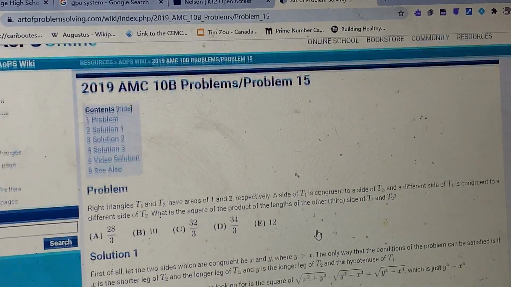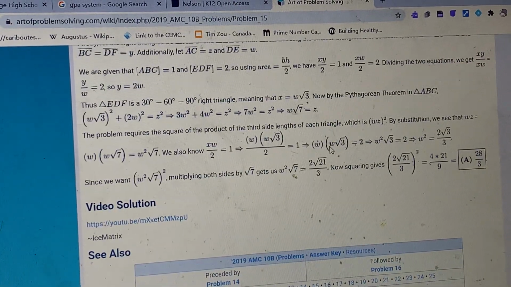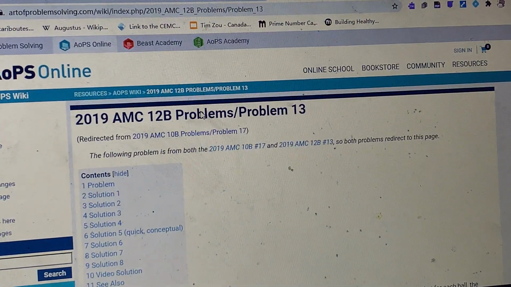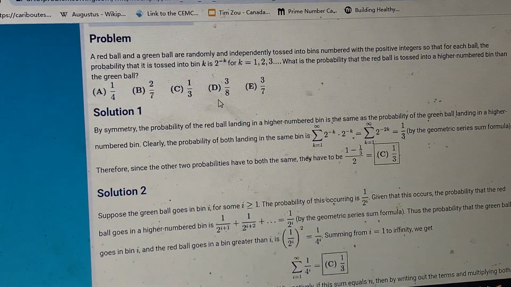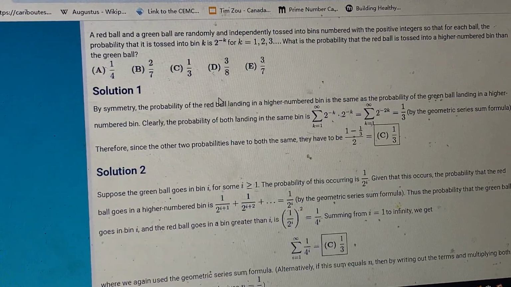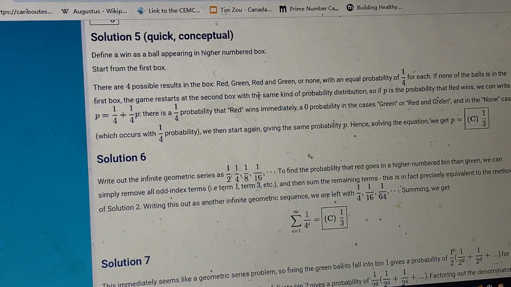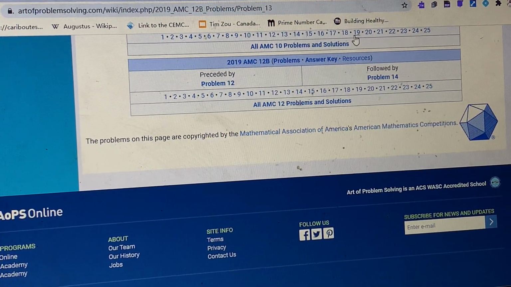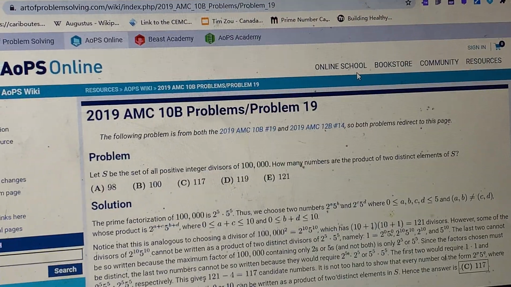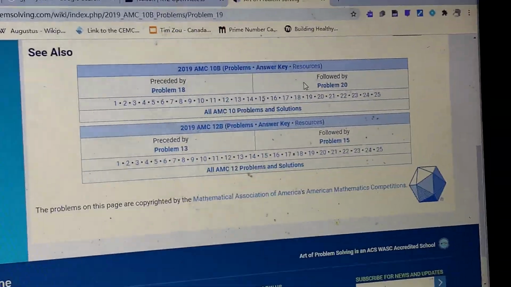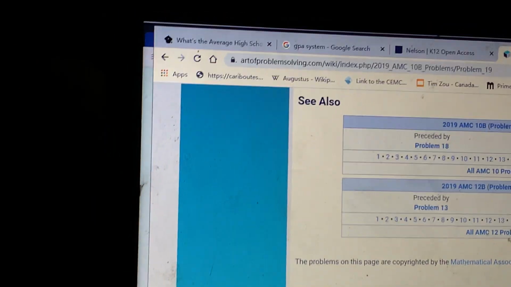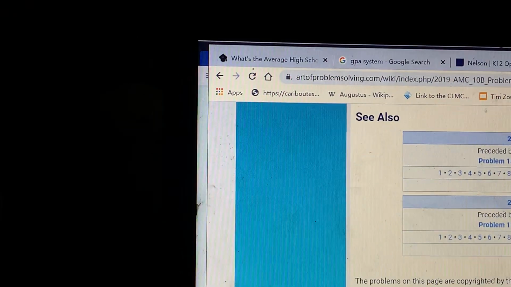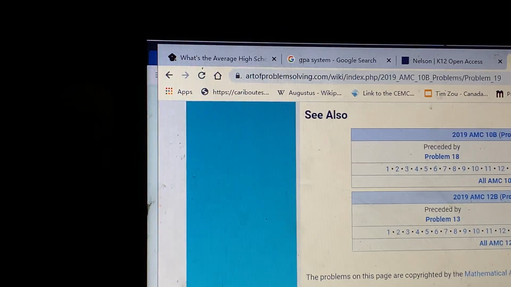15, haven't answered. I think I have answered 17. Yes, I have answered 17. And 19, problem 19, I don't know. No, my last problem, problem 17. So I answered 15 problems, and I answered 14 correctly.